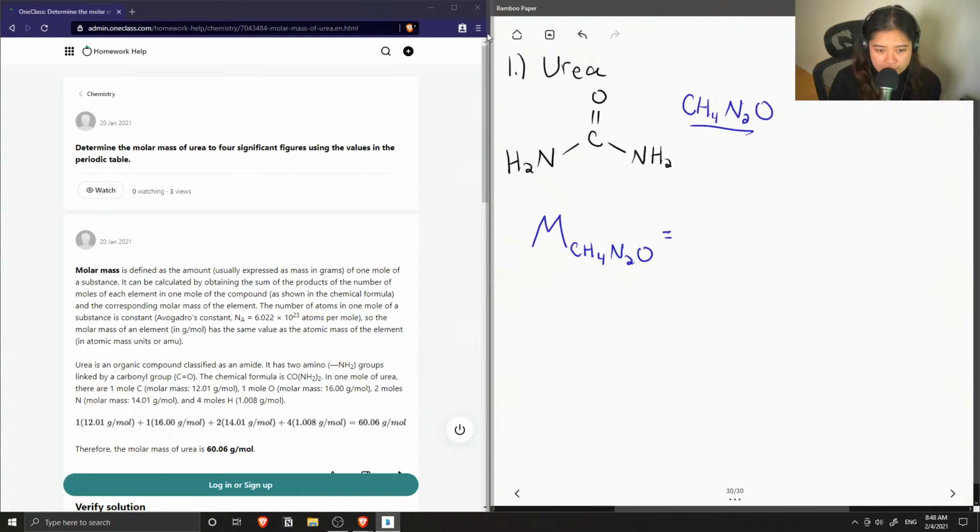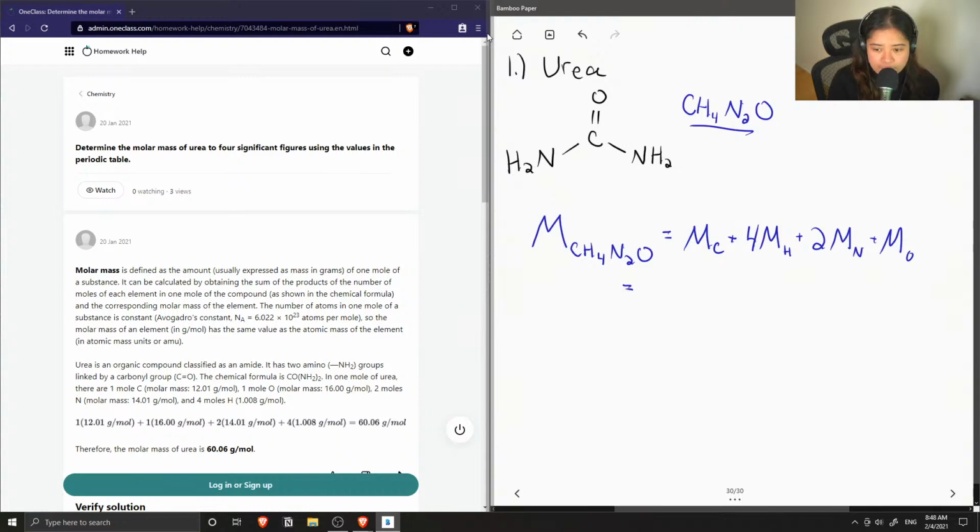So the molar mass of urea will be equal to the molar mass of carbon plus 4 times the molar mass of hydrogen plus 2 times the molar mass of nitrogen plus the molar mass of oxygen.